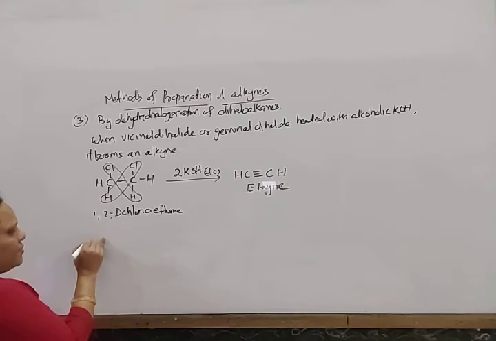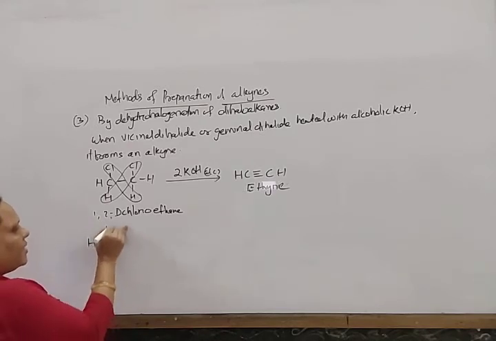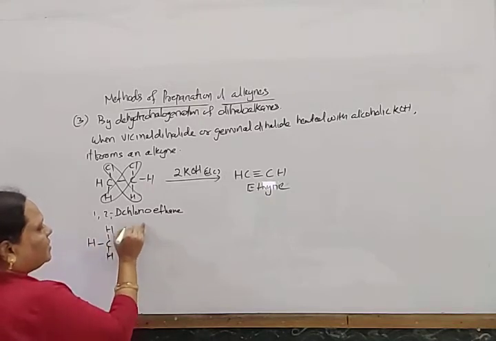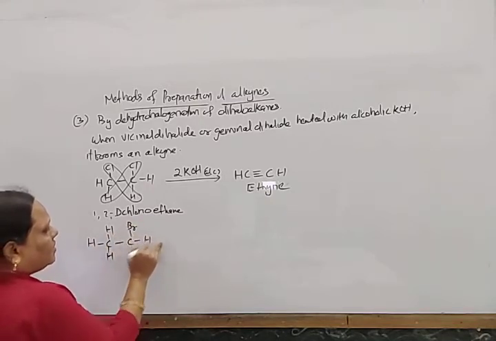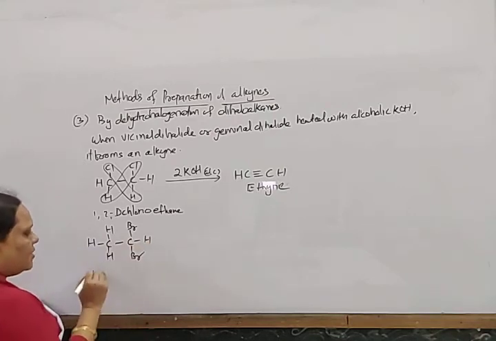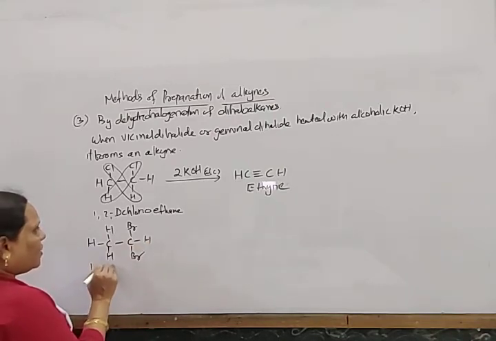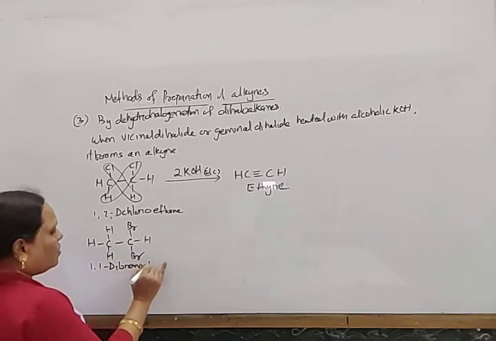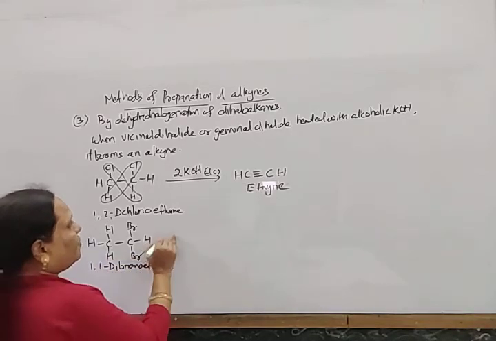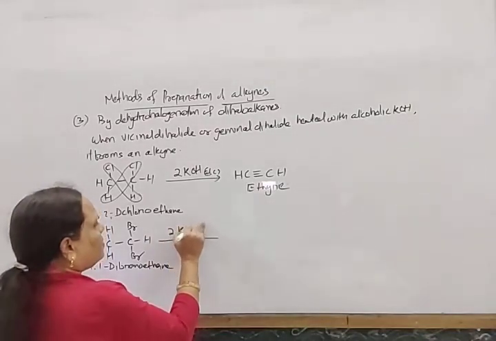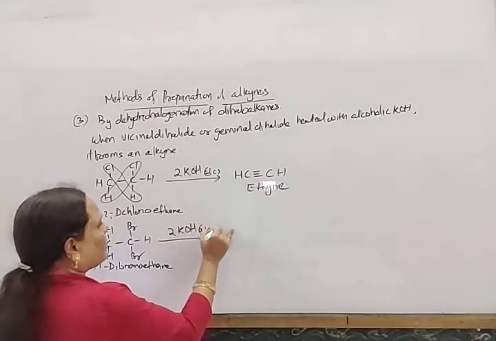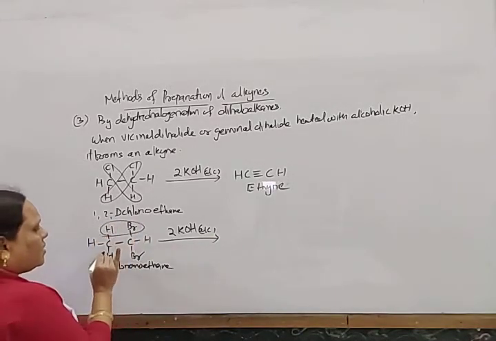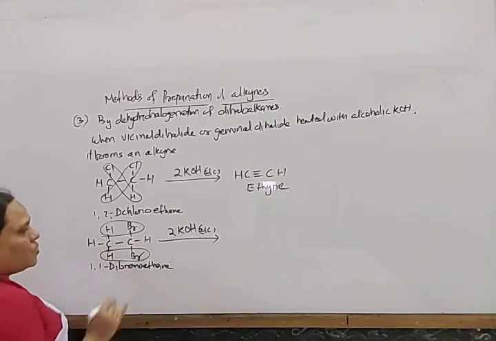Similarly, when you take a geminal dihalide, suppose H and C with Br, and the other C with H and another Br written here, that is 1,1-dibromoethane, when treated with 2KOH alcoholic, first HBr is removed from here, another HBr removed from here.